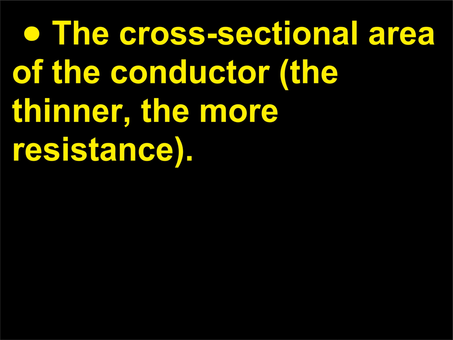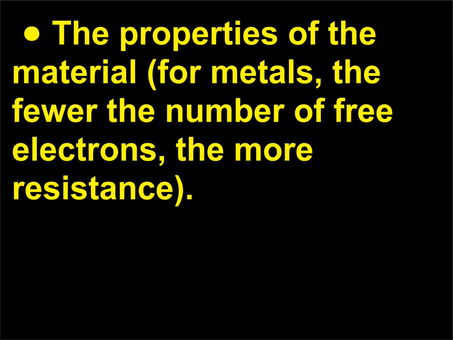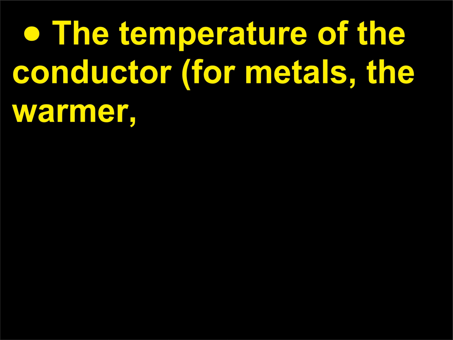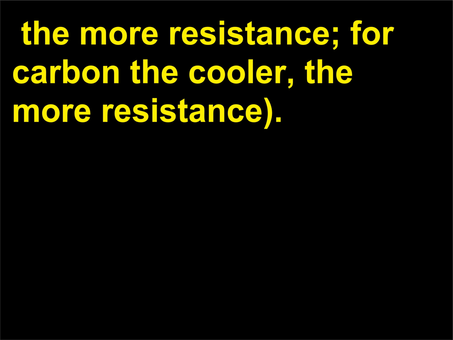The cross-sectional area of the conductor: the thinner, the more resistance. The properties of the material: for metals, the fewer the number of free electrons, the more resistance. The temperature of the conductor: for metals, the warmer, the more resistance; for carbon, the cooler, the more resistance.